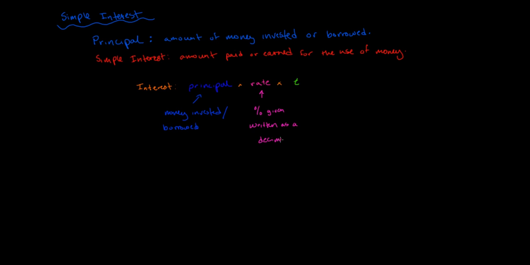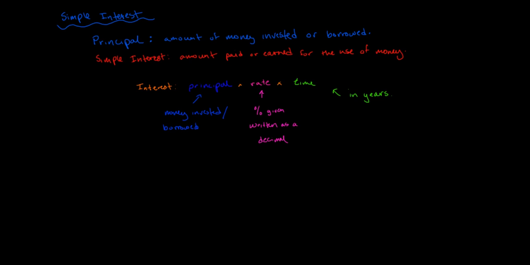And then obviously time is how long. Time is in years. Simple interest is not necessarily about months or minutes, it's just over a year. So this is the money invested times the rate times the number of years that you've had this money in the bank or in some account.